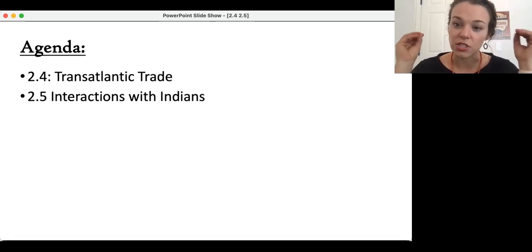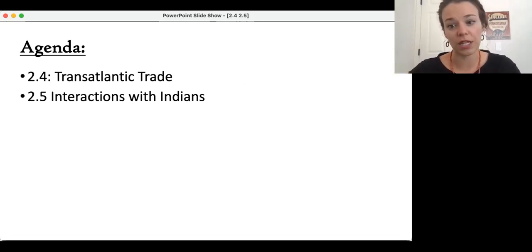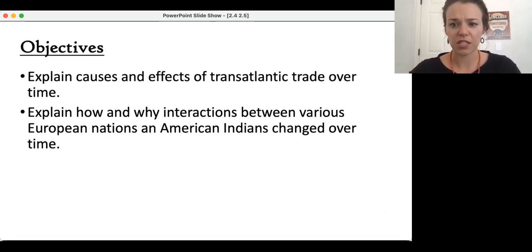Like I said, we're looking at 2 topics today, 2.4 and 2.5. That means you will have 2 objectives. By the end of today, you should be able to explain the causes and effects of transatlantic trade over time. You should also be able to explain how and why interactions between various European nations and American Indians changed over time.